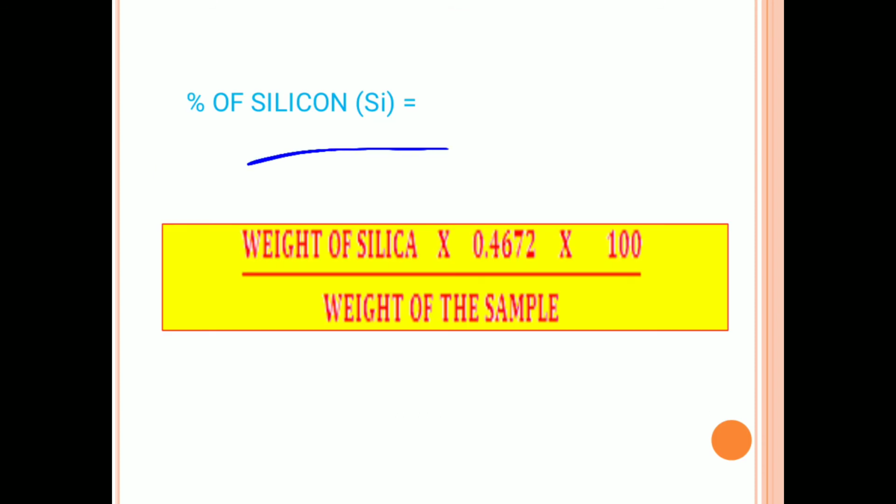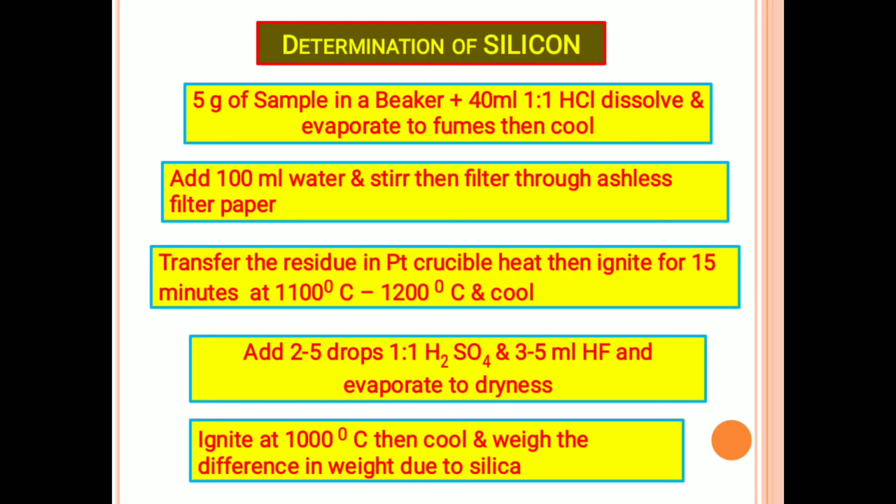Then the percentage of silicon is equal to the weight of silica which is evaporated out into 0.4672 into 100 divided by weight of sample. So what should you do? You need to take the sample and dissolve it in HCl. If you add HCl, the entire constituents which are present in steel will be dissolved, but silicon will not be dissolved, so it will be converted into silica.